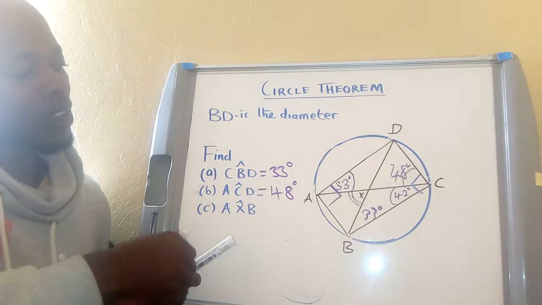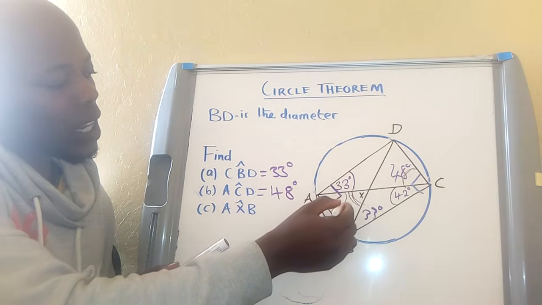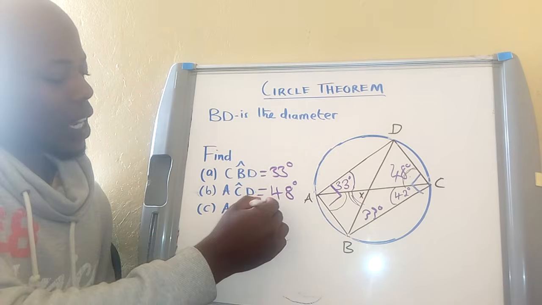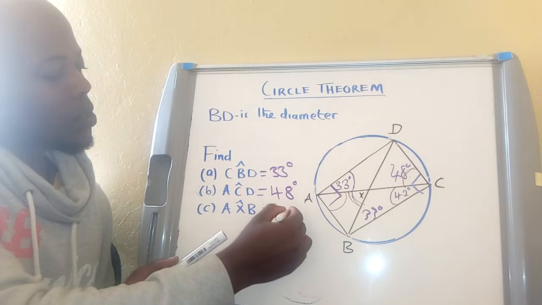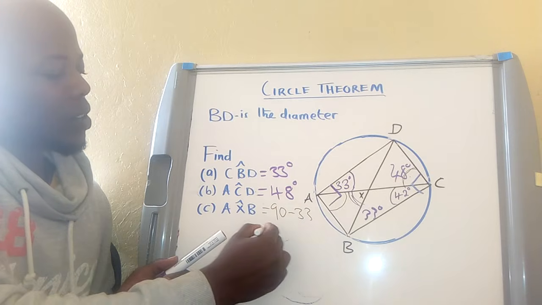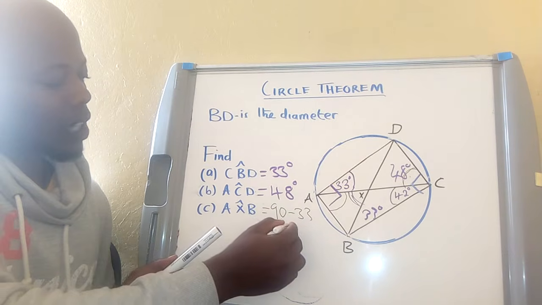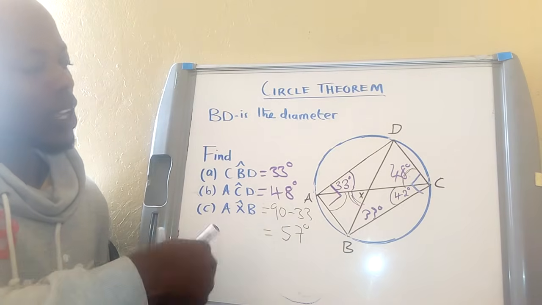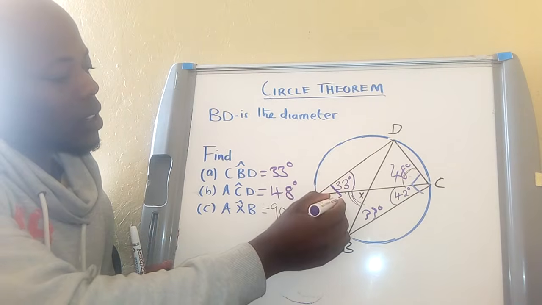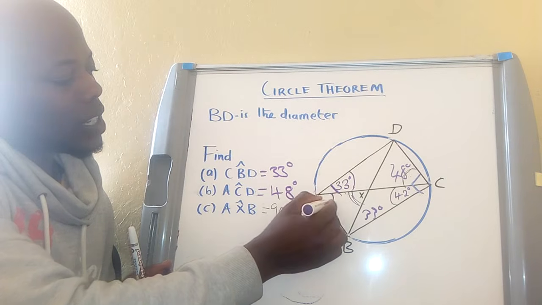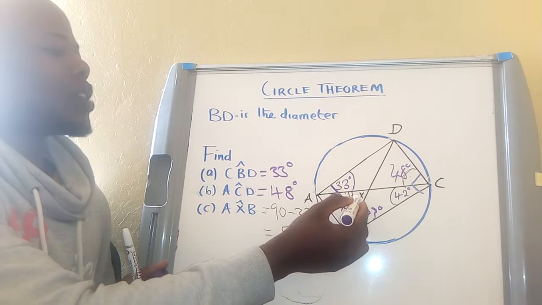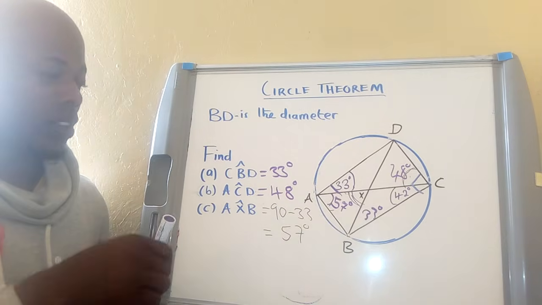So since we know that it's 90 degrees, we can find this angle by saying 90 minus 33, which will give us 57 degrees. So this angle here is 57 degrees. But we have been asked to find the angle X there.